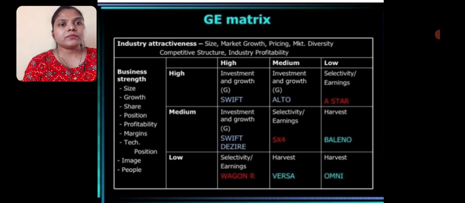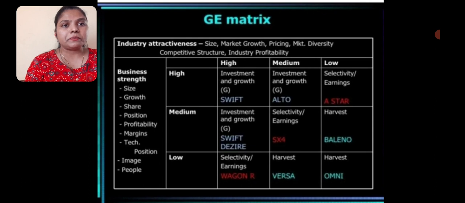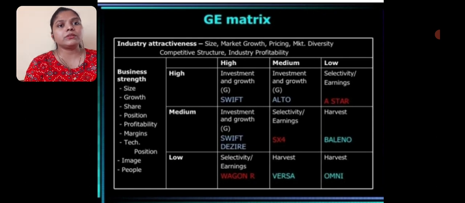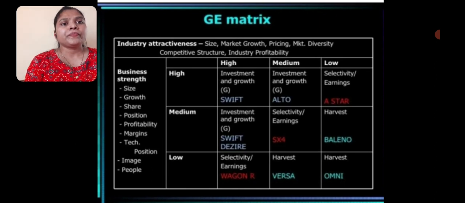So in cell 1, that is investment and growth, the Swift comes under cell 1. For cells 2 and 4, that is again investment and growth, Swift Dzire and Alto come under these two cells.